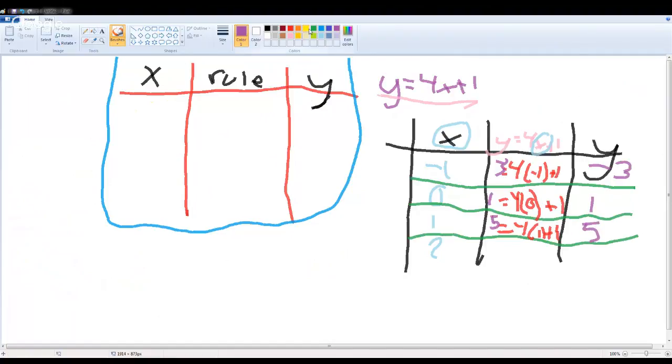And then worry about the last one. So that is 4 parentheses 2 plus 1. And that would be 4 times 2, which is 8, plus 1, that's 9. So your answer is 9.